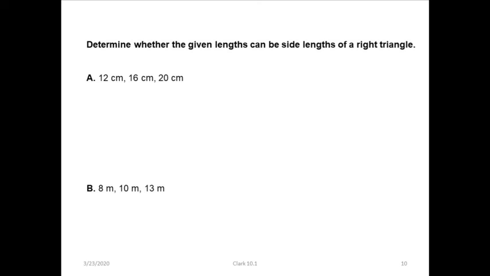We have 100. Add them. 64 plus 100, that is 164. Is that equal to the square of your c, which is 13? What is the square of 13? It's 169. Is 164 equal to 169? No. So therefore, 8 meters, 10 meters, and 13 meters will not form a right triangle.